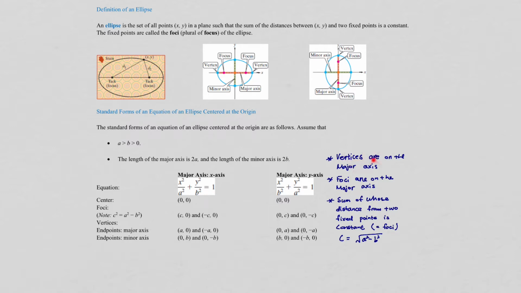And whether the vertices are on the major axis depends on which number is bigger. If your x is bigger, or y is bigger, or a is bigger, or b is bigger, it depends. It could be horizontal or vertical.